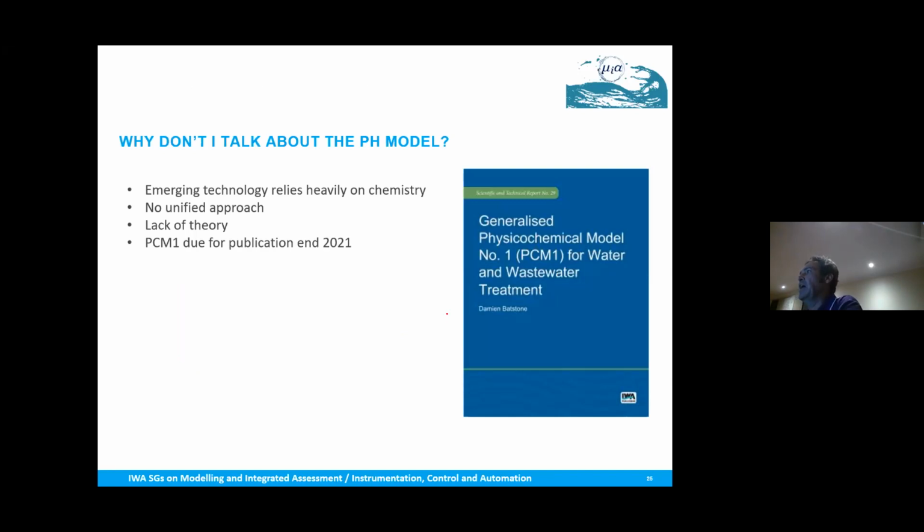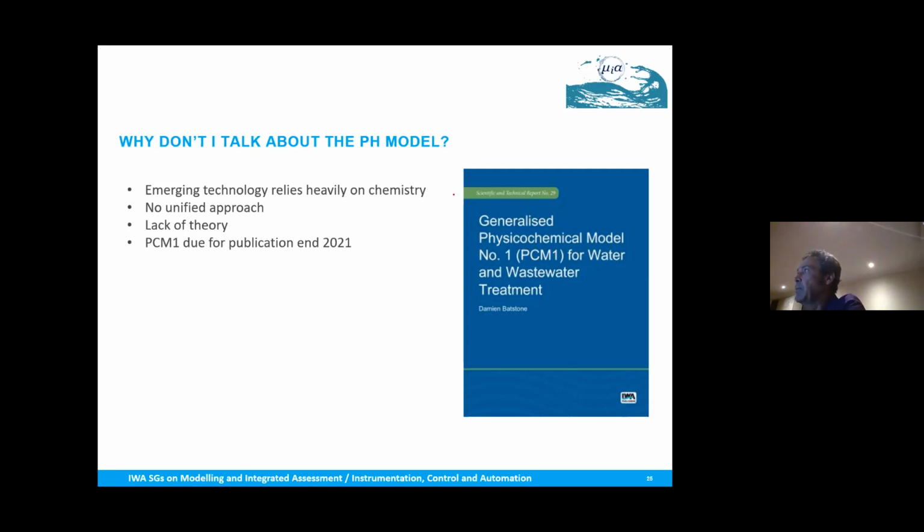Why don't I talk about the pH model that much? Well, it turns out that pH prediction in the anaerobic part is not different from pH prediction in the activated sludge part, and neither the ADM1 nor the ASM 1, 2, or 3 predict pH very well, or predict chemical processes like precipitation, gas stripping, and other things particularly well.